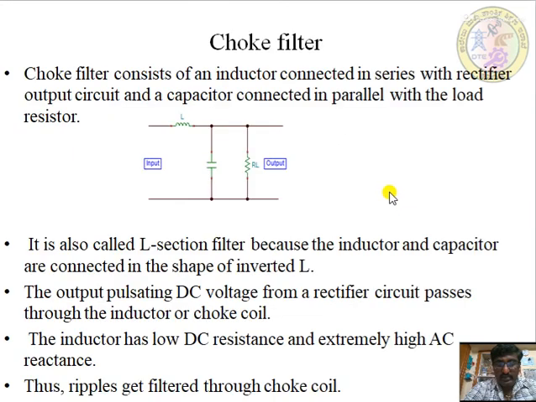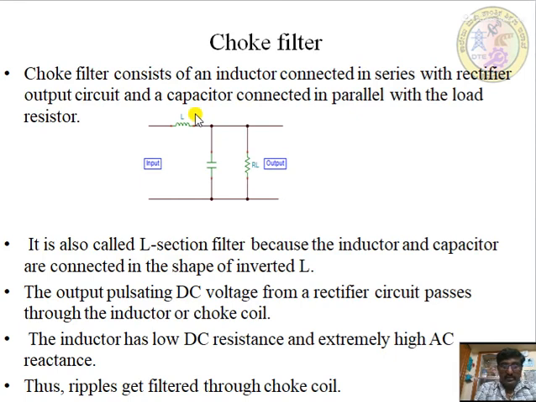Okay, next is the choke filter. A choke filter consists of an inductor connected in series with the rectifier output circuit and a capacitor connected in parallel with a load resistor. Normally we just connect a capacitor across the load resistor RL, but in a choke filter we connect one inductor, at this part, in series with the rectifier output.